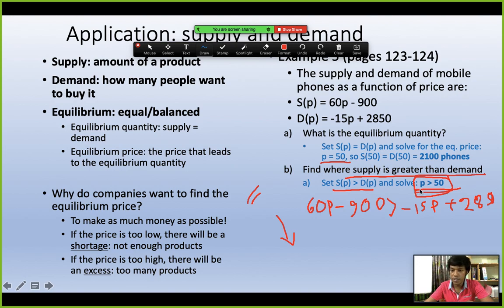The answer is if the price is more than $50 or 50 taka, whatever the unit is. For mobile phones, of course, it has to be $50, some dollar or some pound, because by 50 taka you will not get any mobile phone anywhere. So this is the condition.